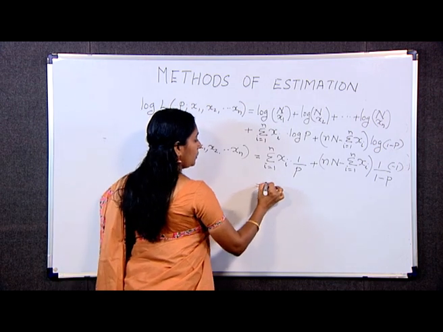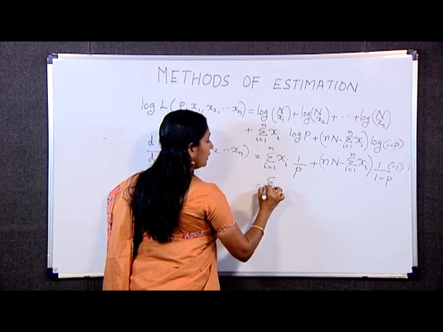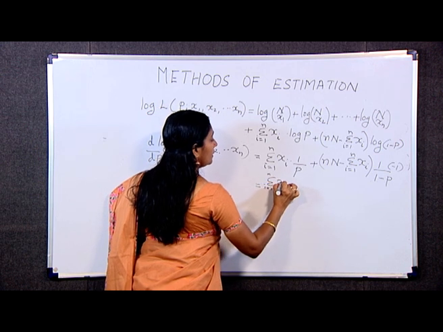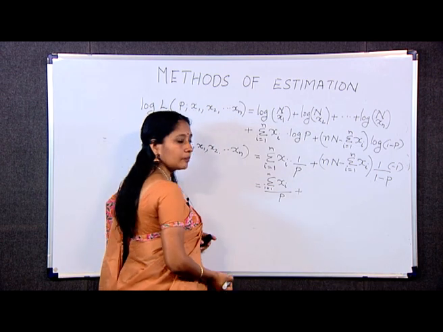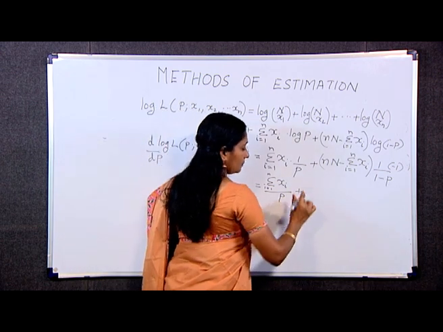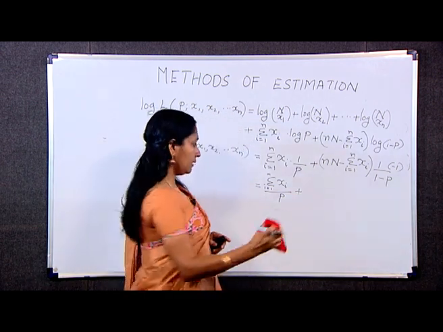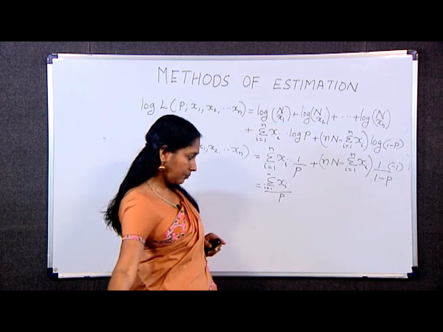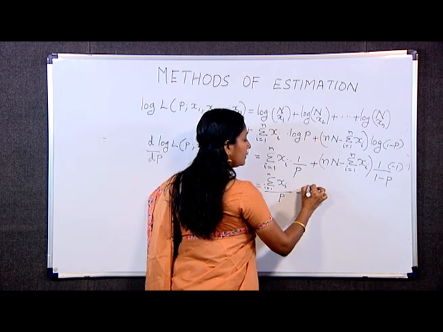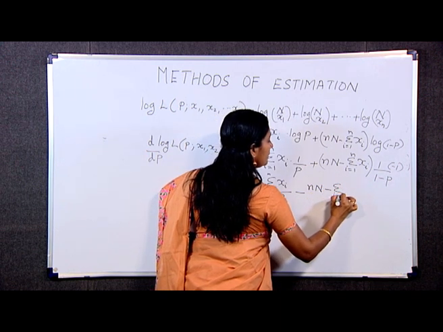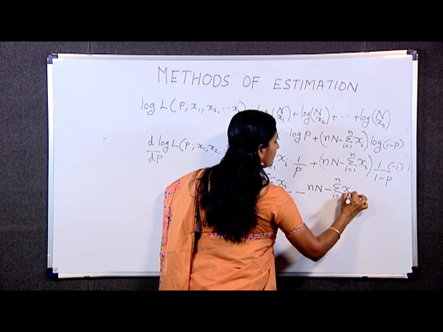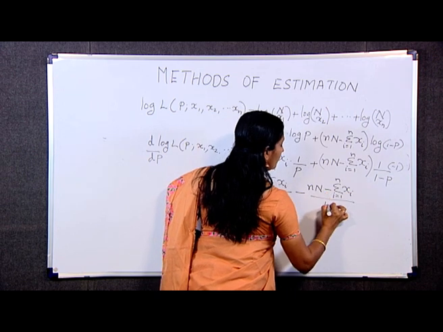Therefore, this is equal to summation i equal to 1 to n xi divided by p, plus, again we have the negative sign, so it is minus n into capital N minus summation i equal to 1 to n xi divided by 1 minus p.